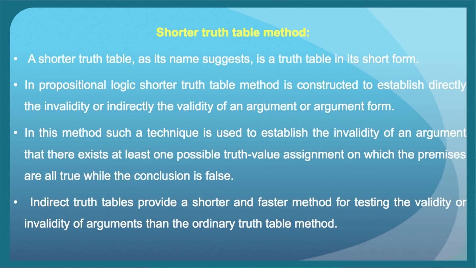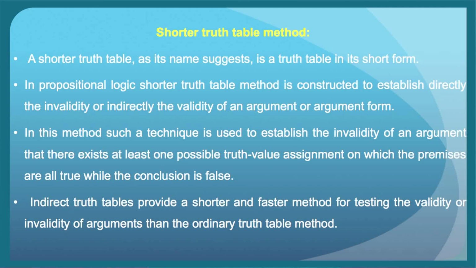Now we have the shorter truth table method. Another name for the shorter truth table method is reductio ad absurdum. It was also discussed in the previous class, unit 7. In propositional logic, the shorter truth table method is constructed to establish directly the invalidity, or indirectly the validity, of an argument, because here the truth value is taken as false.